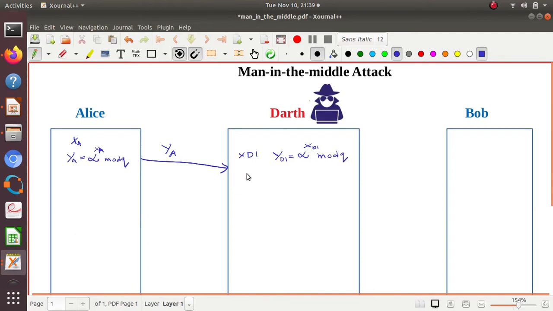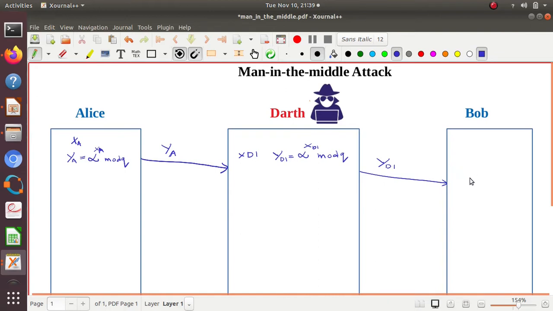Then instead of transmitting YA, this YD1 will be transmitted to Bob. Bob receives YD1 and thinks that it is coming from Alice.